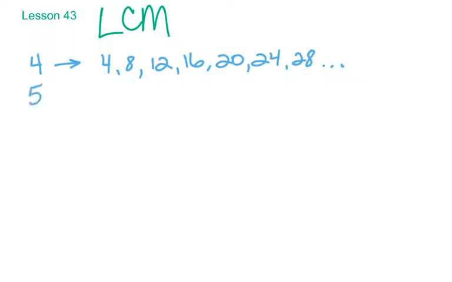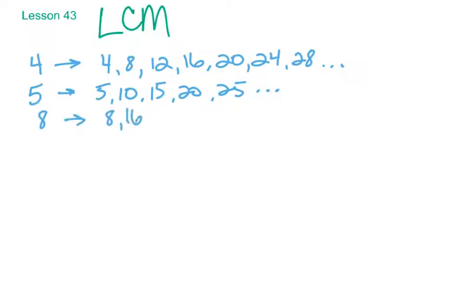And if I do this for the number 5, I would start with 5, 10, 15, 20, 25, etc. And again, this could go on infinitely. Multiples of the number 8 include 8, 16, 24, 32, 40.